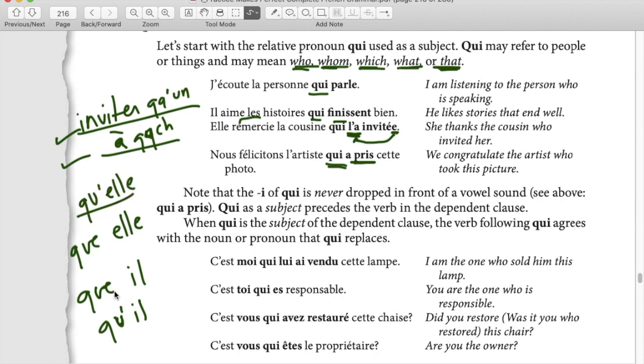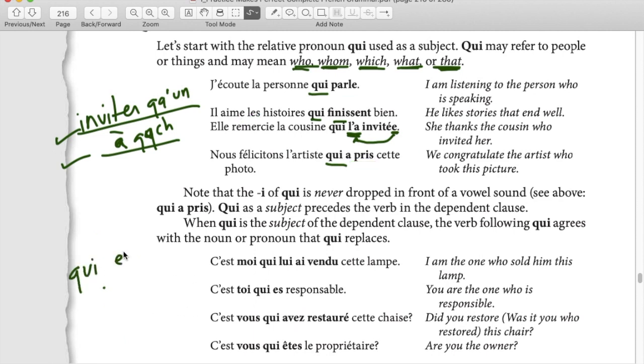But that doesn't work with qui. So you cannot do something like qui followed by a vowel, dropping the i and putting an apostrophe. It remains as it is. The i of qui is never dropped in front of a vowel sound. For example, qui a pris. Even though there's a vowel, the i will never be dropped. You will pronounce it: qui a pris.